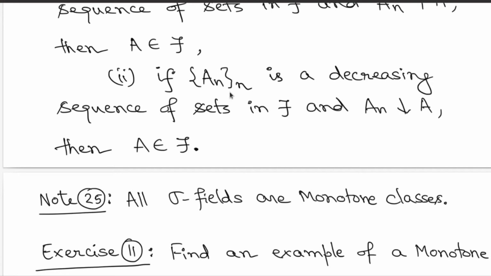Here what you want is that if A_n is a decreasing sequence of sets coming from this collection script F, the complete countable intersection belongs to that collection once more. This I call closure under countable decreasing intersections.